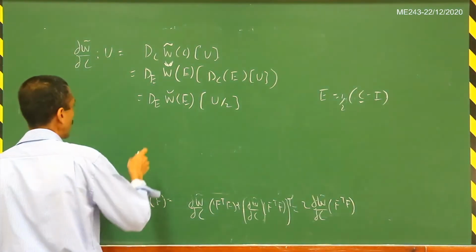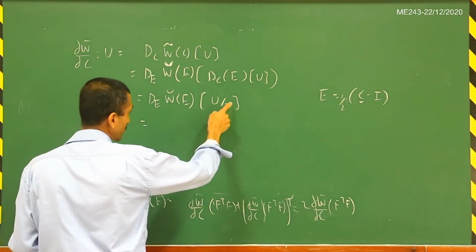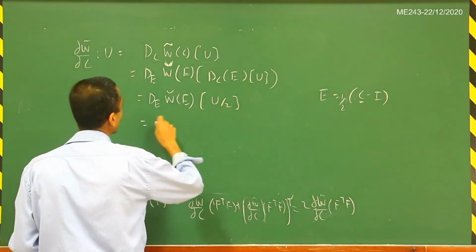And this is equal to, now it's linear in the direction, so the half can come out.